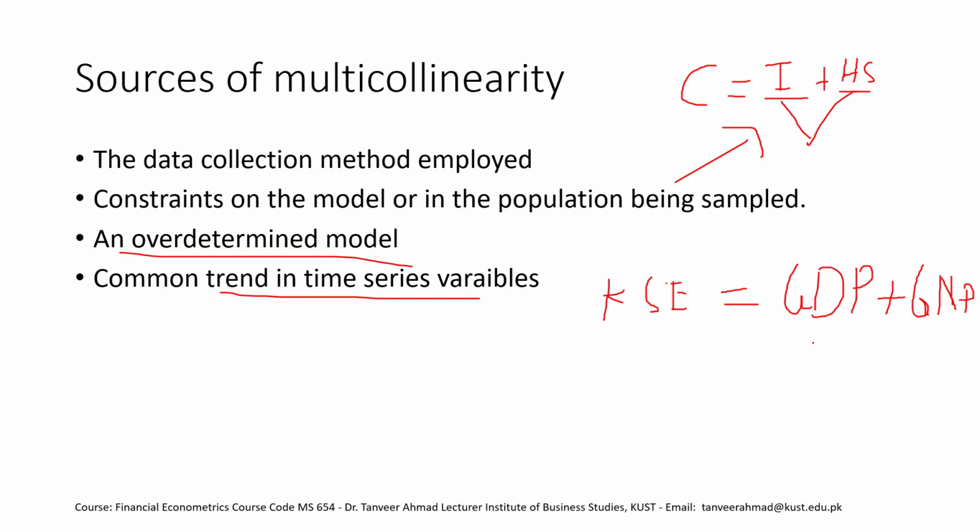So these variables are time series variables, and when the GDP increases, the GNP also increases. That is because of the common trend that they are following. When GDP increases, GNP also increases.